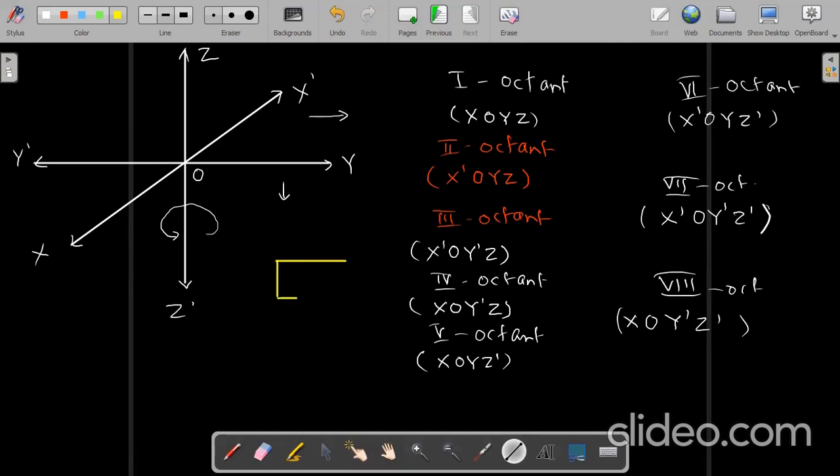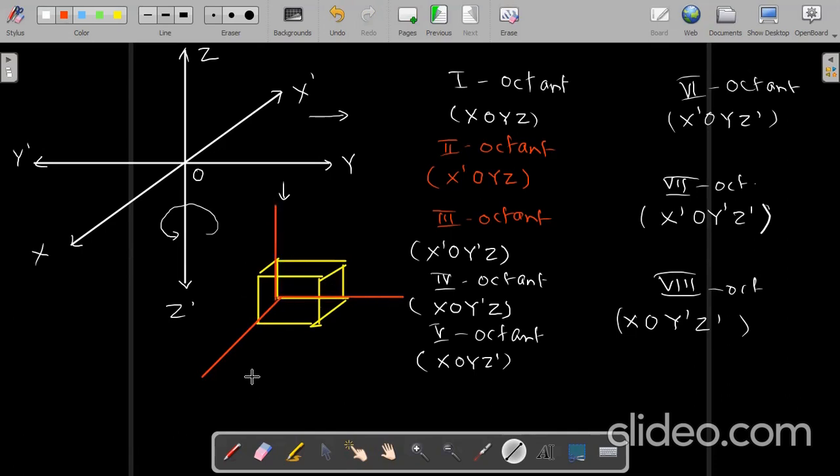Like this, suppose this is a cuboid and it is lying in the first octant. So this is the x axis, y axis, and z axis.